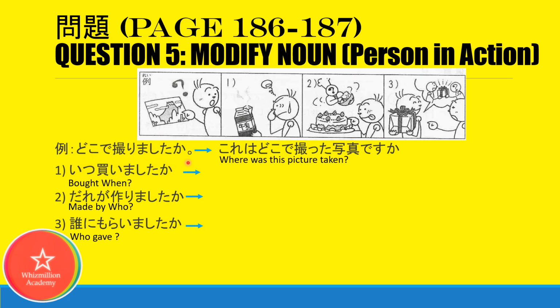どこで撮りましたか? これはどこで撮った写真ですか? Where was this picture taken? Question 1. いつ買いましたか? これはいつ買った牛乳ですか? When did I buy this milk?